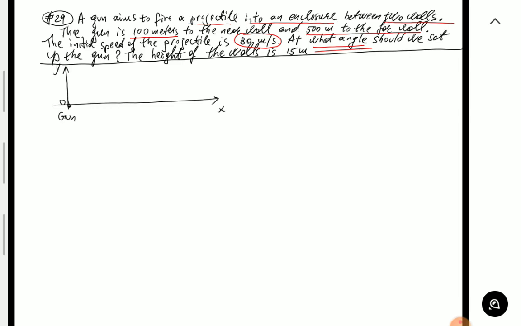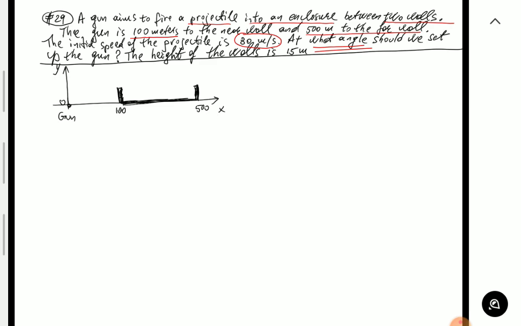And suppose that this is the near wall, 100 meters away from the gun, and then the far wall 500 meters. So these are the walls here. And we want, of course, for the projectile to land in between, right? So that's the enclosure.